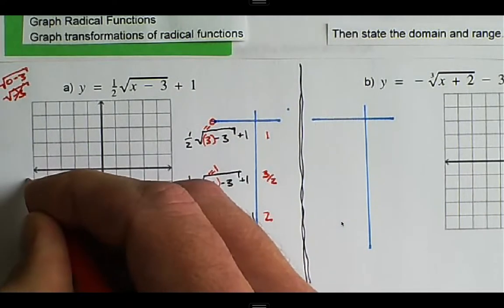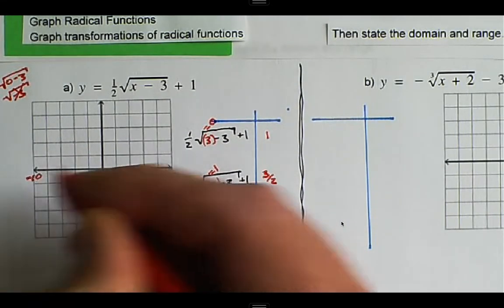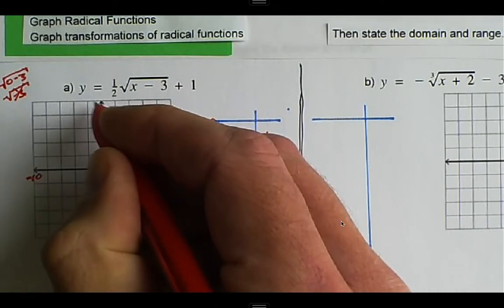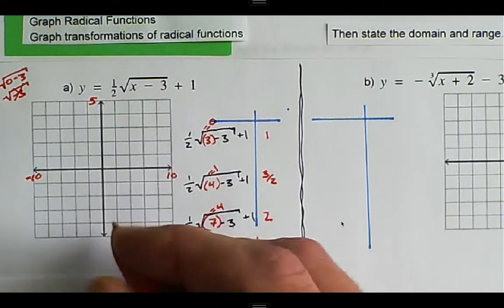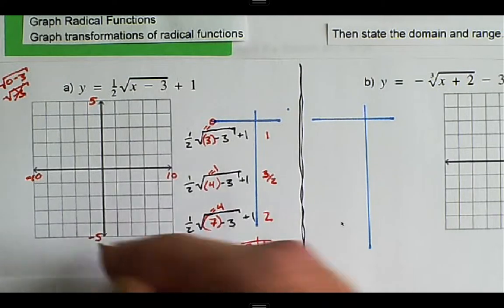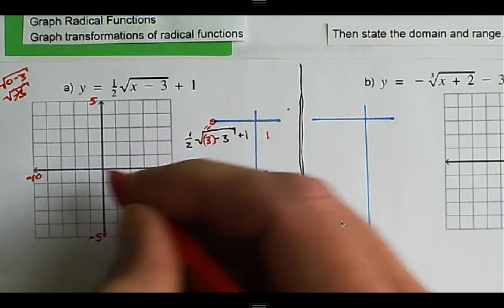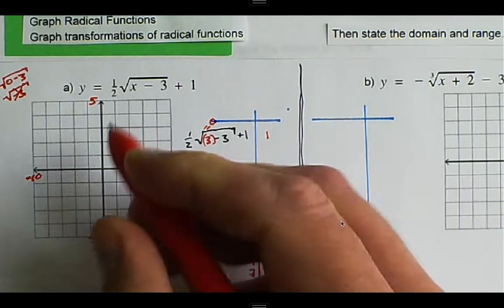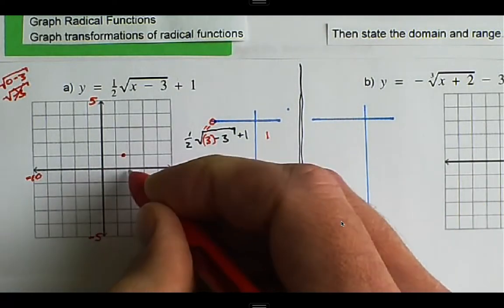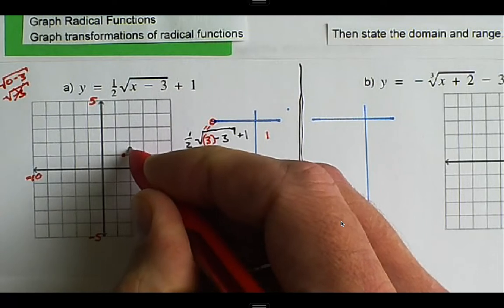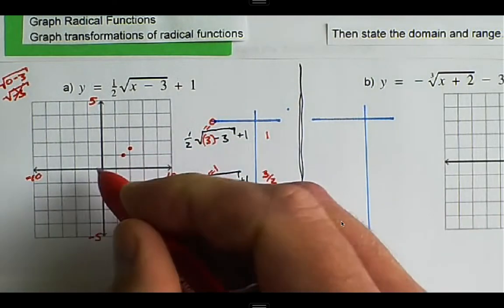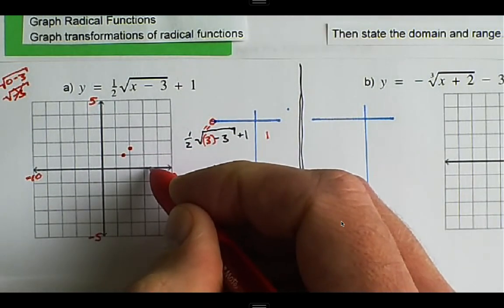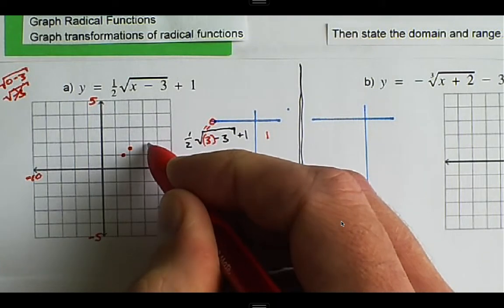So we're going to say that we're going from negative 10 to 10, and we can stick with counting by ones on the x's. So the points are 3, 1; 4, 3/2; and 7, 2.